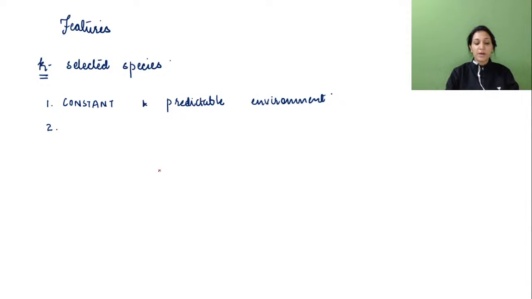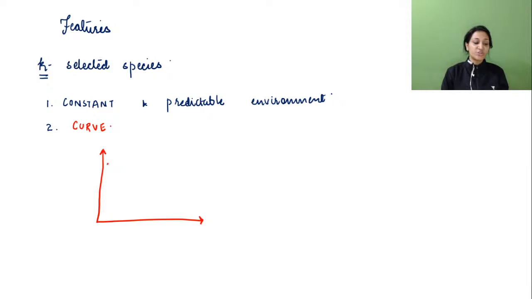When we are talking about the K selected species, the curve would be convex. The survivorship curve is convex. So on y-axis and x-axis, what are we drawing? On y-axis, we are drawing number of survivors, and on x-axis, we are drawing percentage of maximum lifespan.